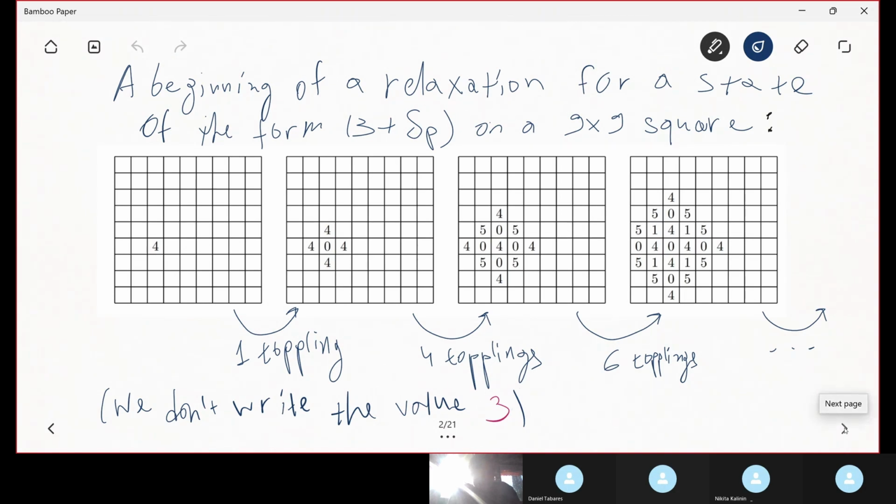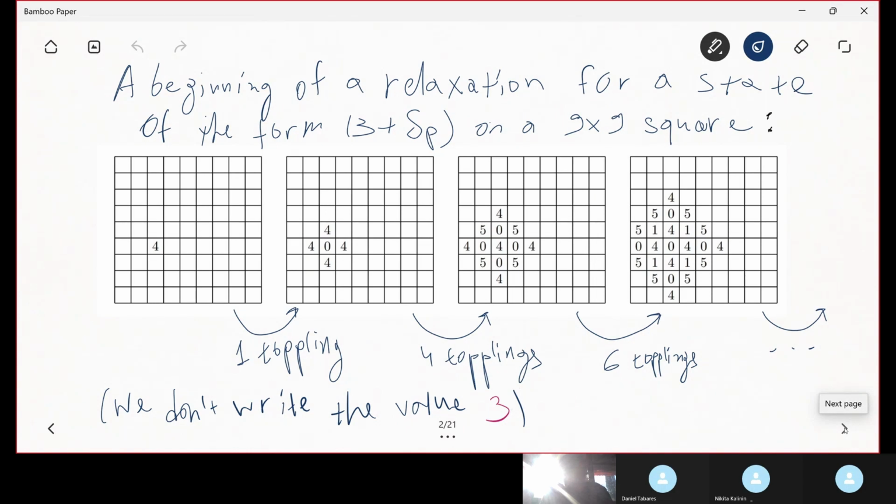And so this is an example of what happens if you start with a 9 by 9 board with all threes except for one point where you have four. And then moving from left to right, you do topplings. So first, there is only one toppling to do. You do one toppling where you have four.